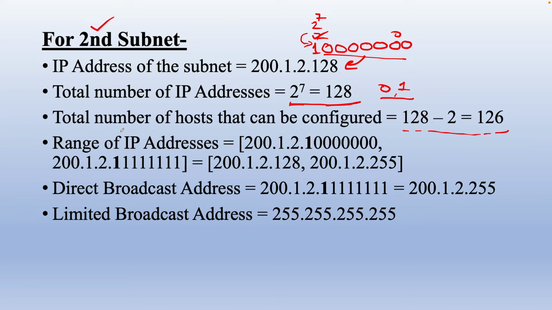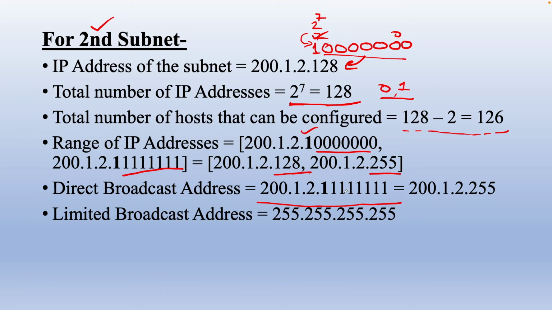So for the range of addresses, this 1 is fixed, followed by 7 zeros, and followed by 7 ones. This is your range from 128 to 255. If you add all these ones, it comes out as 128 plus 127, that is 255. The direct broadcast address is 1 followed by 7 ones, all ones in the host part.